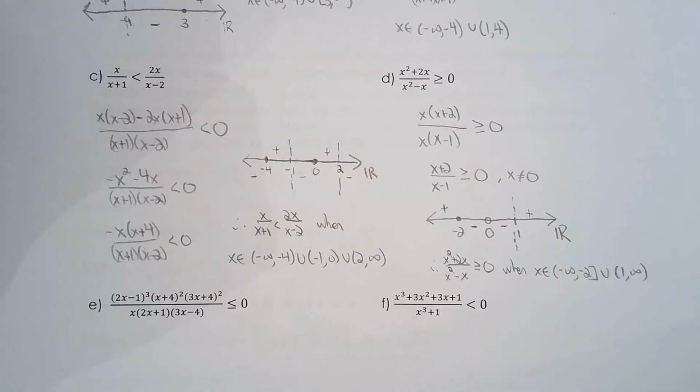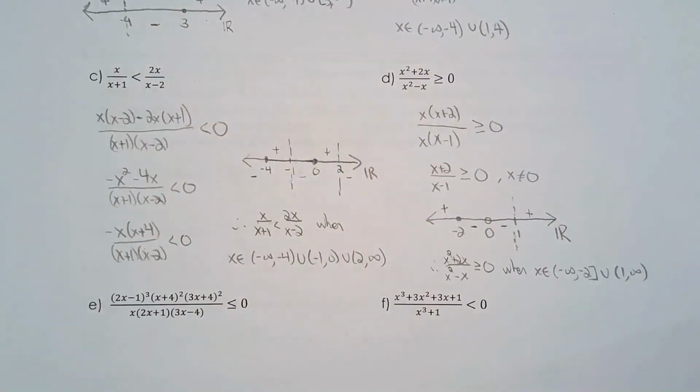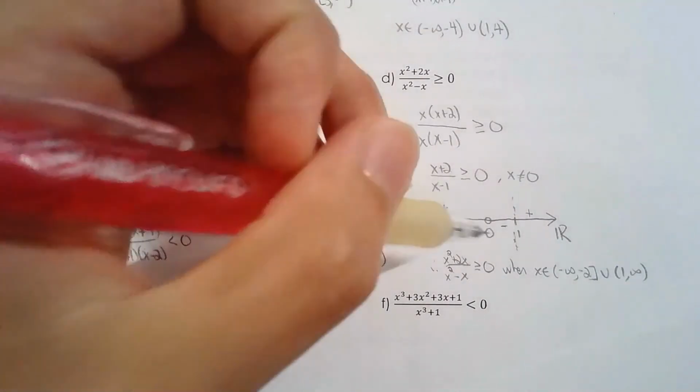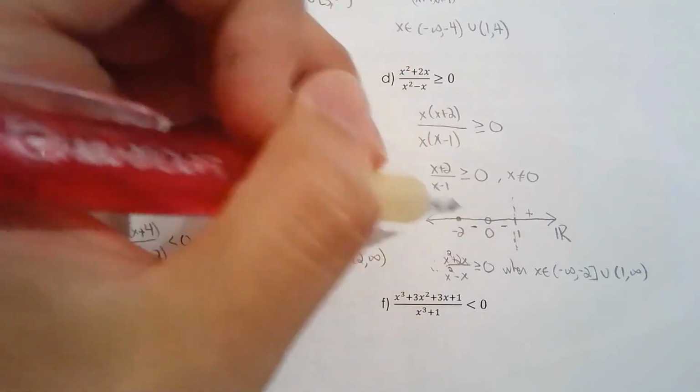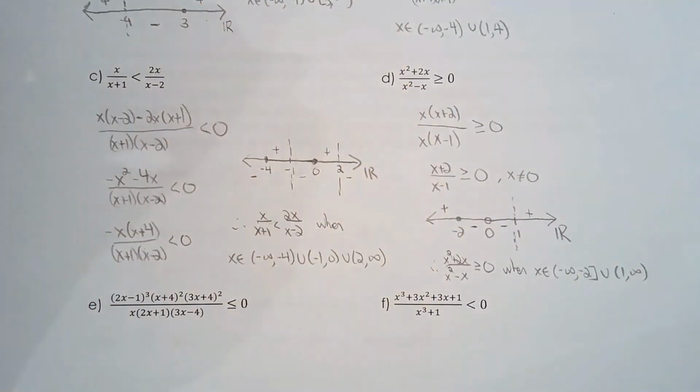Let me double check. Okay, yep, beautiful. So the reason I added this question is because I don't want you thinking that it changes signs at the hole. In fact, it's very rare for it to change signs as it passes the hole, because the only time it's going to happen is if the hole is on the x-axis.